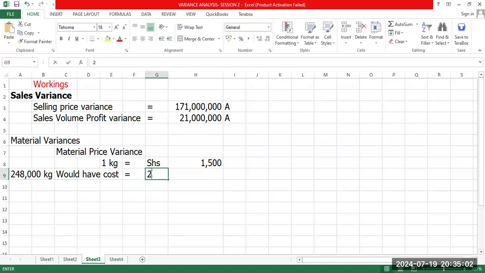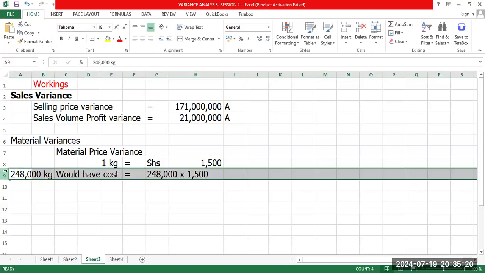You get 248, then multiply by the cost per kg, 1,500. How much do you get, colleagues? 372 million.